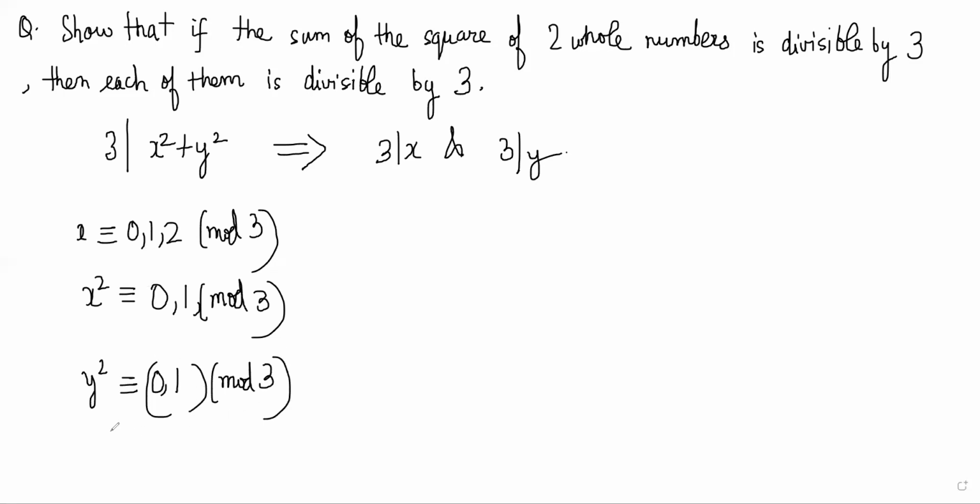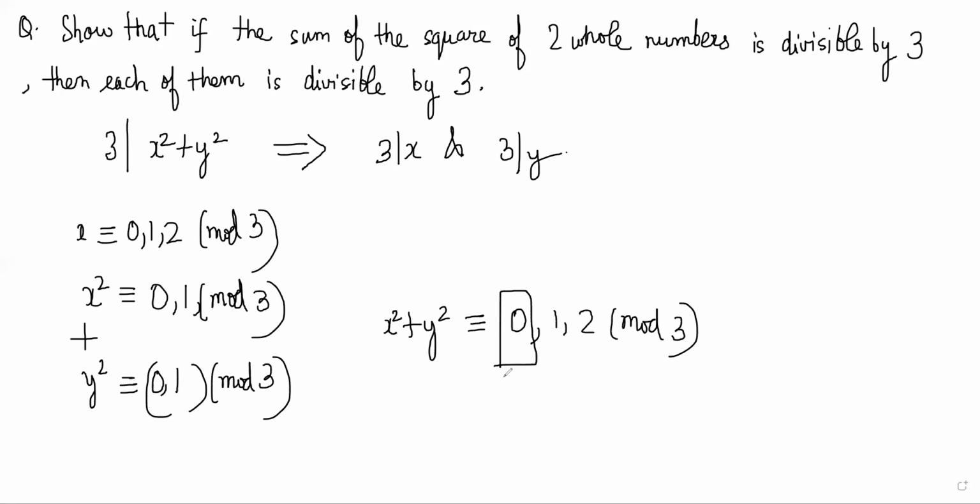So the sum x square plus y square will be 0, 1, or 2 mod 3. If it is divisible by 3, that means it is the 0 case, which means it was 0 here and 0 here. So basically x and y must be divisible by 3. Only then that can happen. So this one was easy.